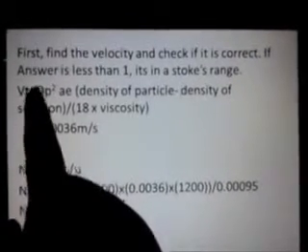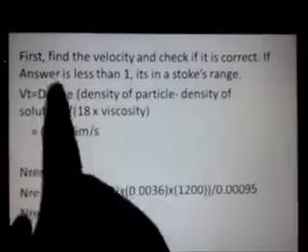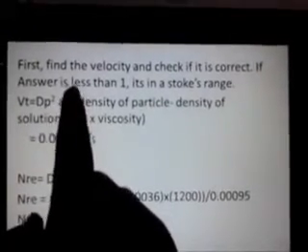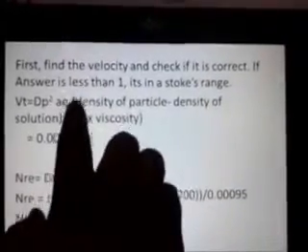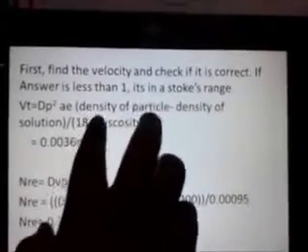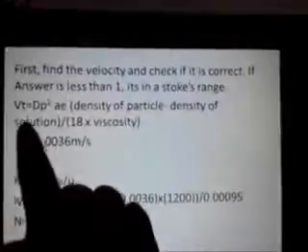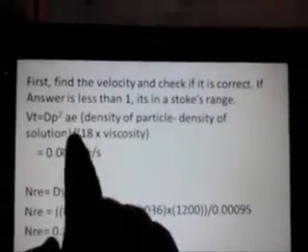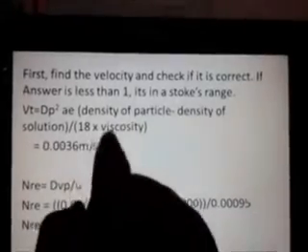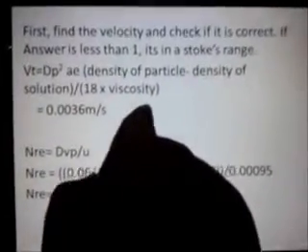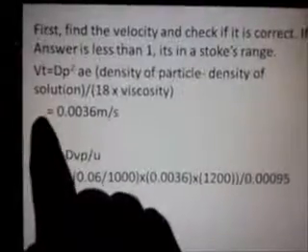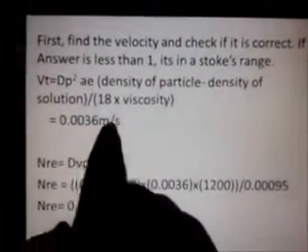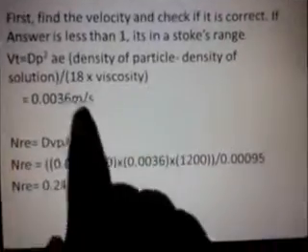Vt is equal to d squared times Ae, where Ae is just equal to g sub c times the quantity density of the particle minus density of the solution, all over 18 times viscosity. So I get an answer of 0.0036 meter per second.